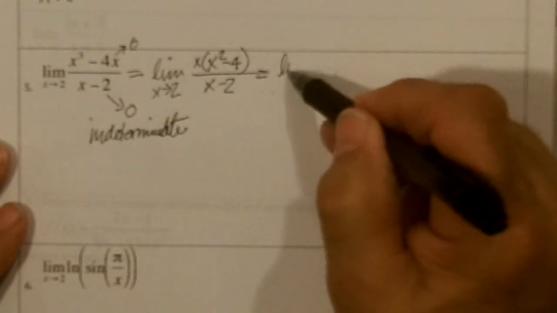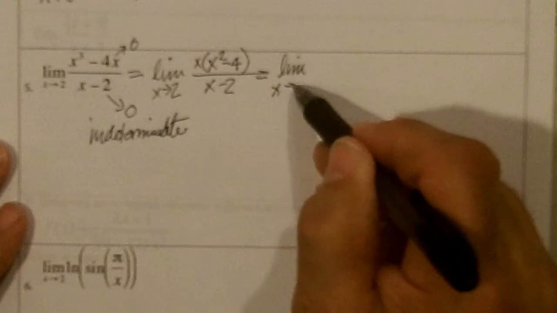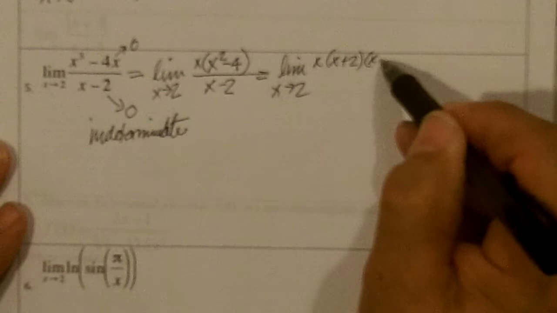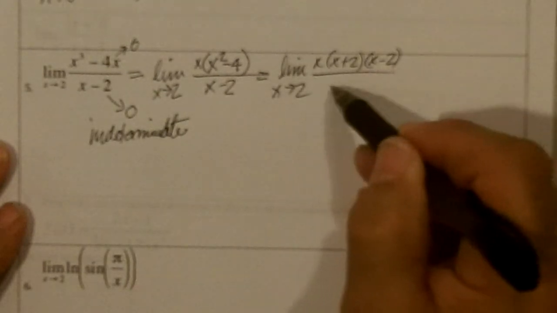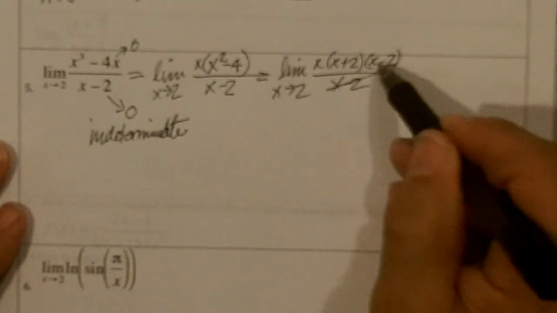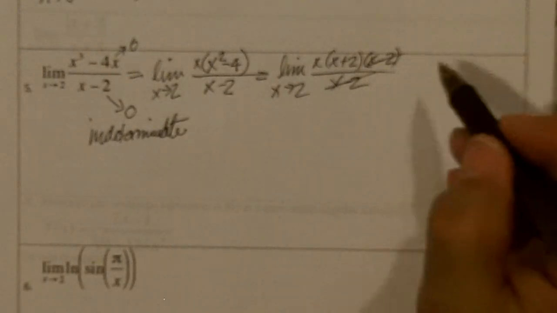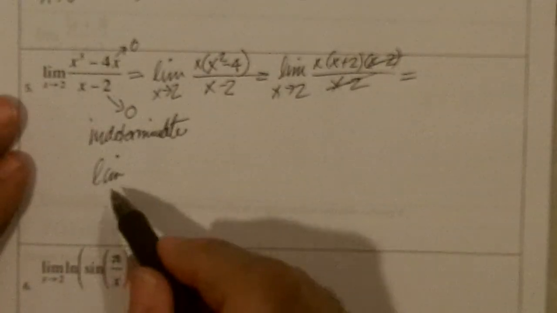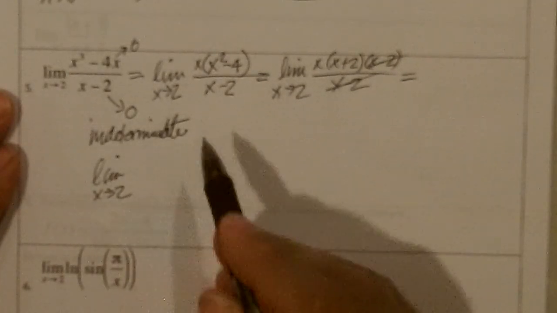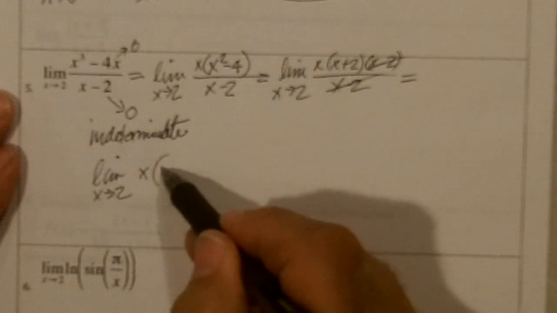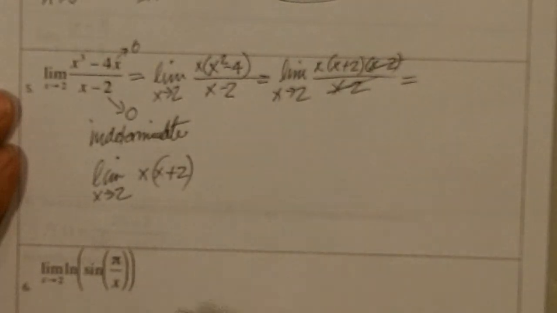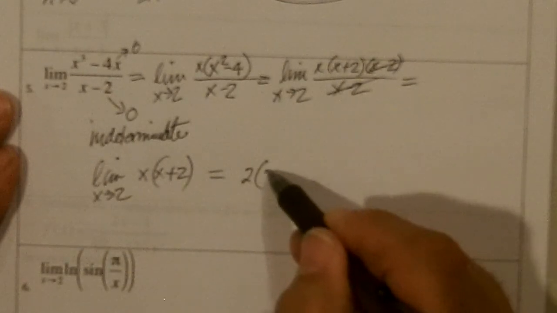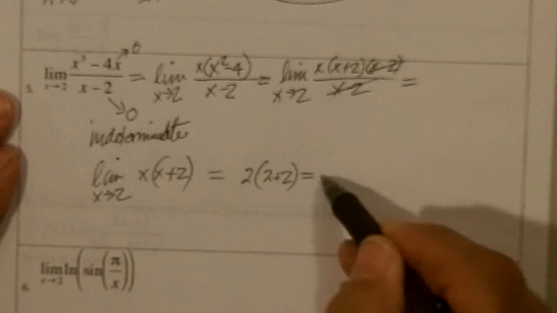Do some more factoring: x times (x plus 2) times (x minus 2) over x minus 2, and the x minus 2's cancel, and I get the limit as x approaches 2 of x times (x plus 2), which I can take the limit of by substitution and get 2 times (2 plus 2), which is 8.